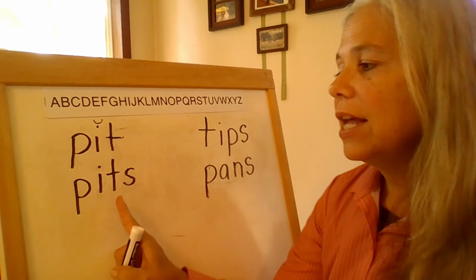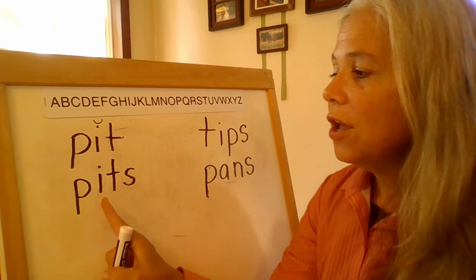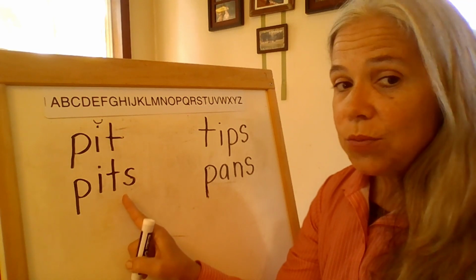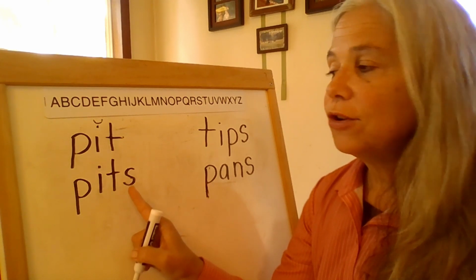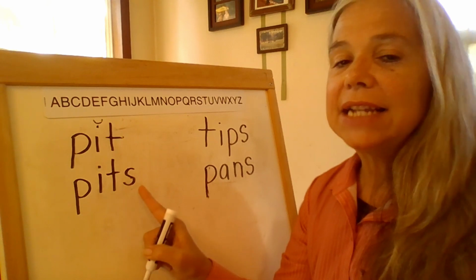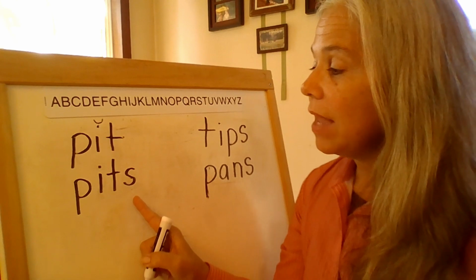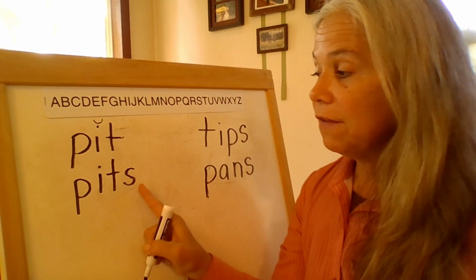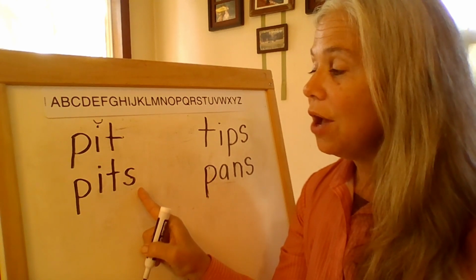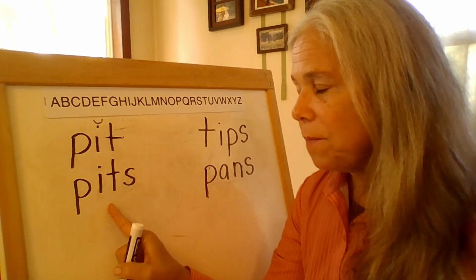Very good. Now let's look at the next word. Is this a base word or is it a derivative? Remember, a derivative is a word that has the suffix added to the end of it. Now, we have learned suffix s, so we know that this is a derivative.